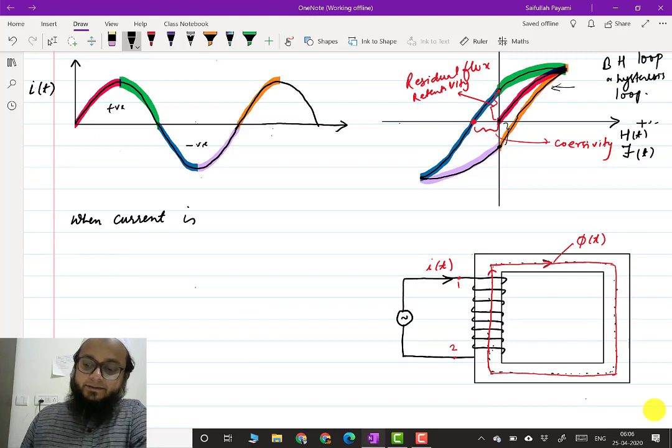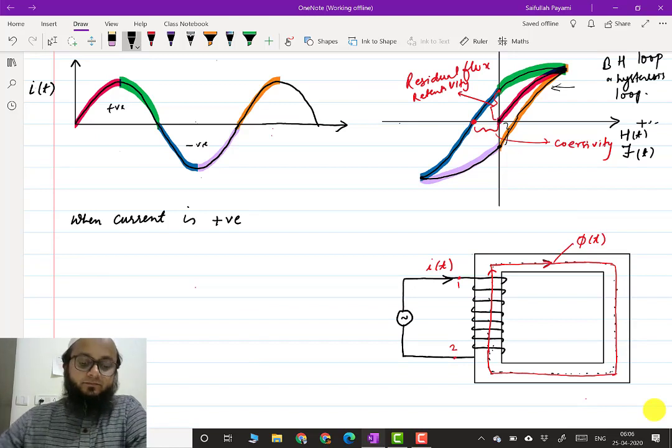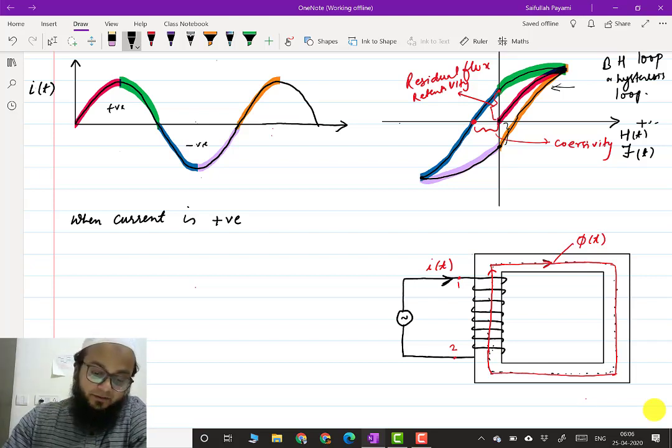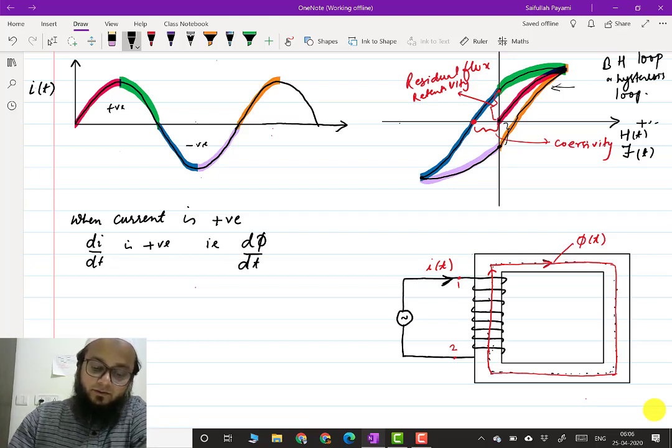So when current is positive, that means the current is actually entering into the coil, and di by dt is positive. That means d phi by dt, the change in flux, is also positive. That means we are in this region.